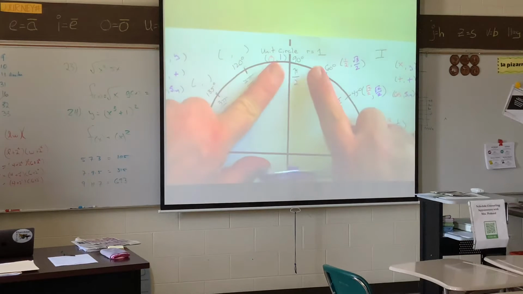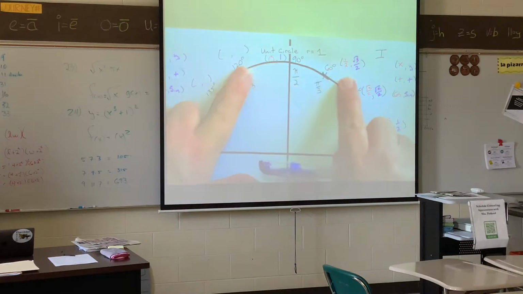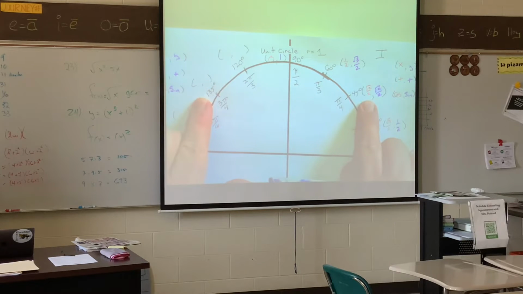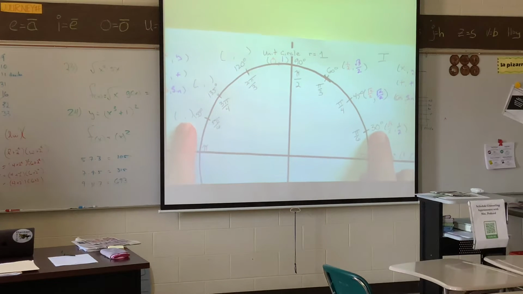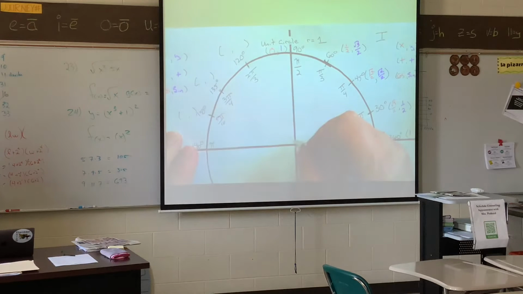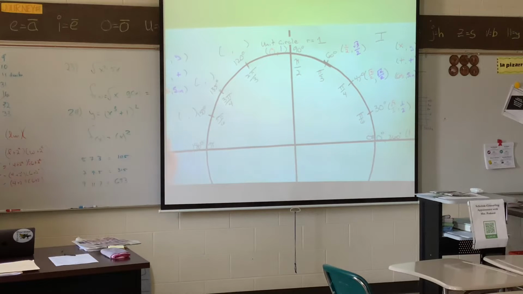These numbers, as they go away from 90, are going to reflect each other. Because this is now a 45-45-90 triangle. This is a 30-60-90 triangle if I keep going back to the x-axis. So the numbers are going to look very similar.